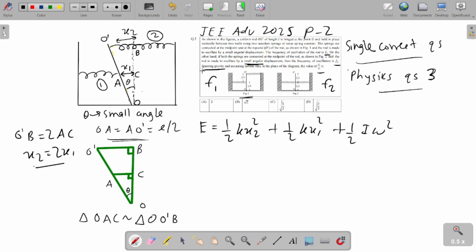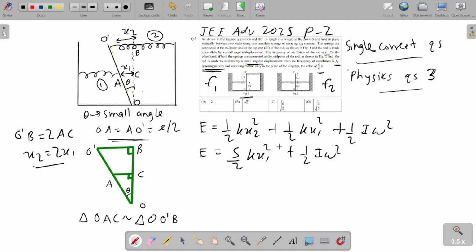Gravitational potential energy is neglected. Now, I'm going to input x2 equals 2x1 in this equation. E is equal to 5 by 2 kx1 squared plus half I omega squared. Is that right? Yeah, it is right.